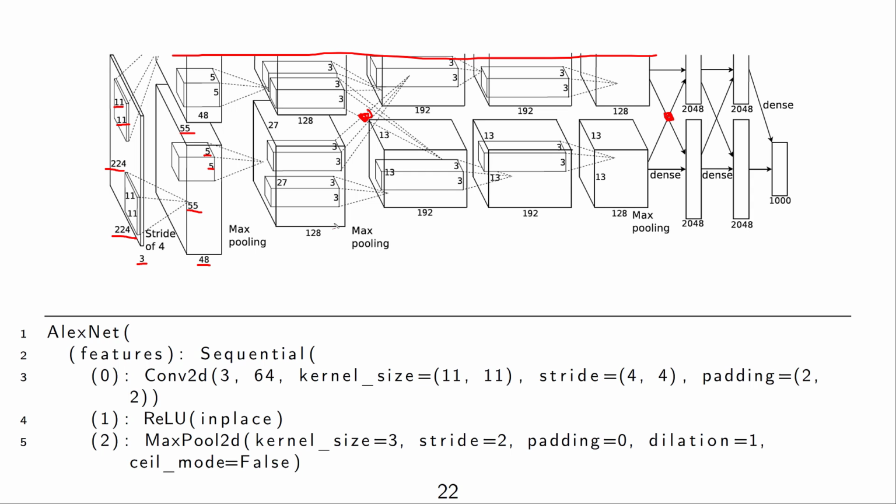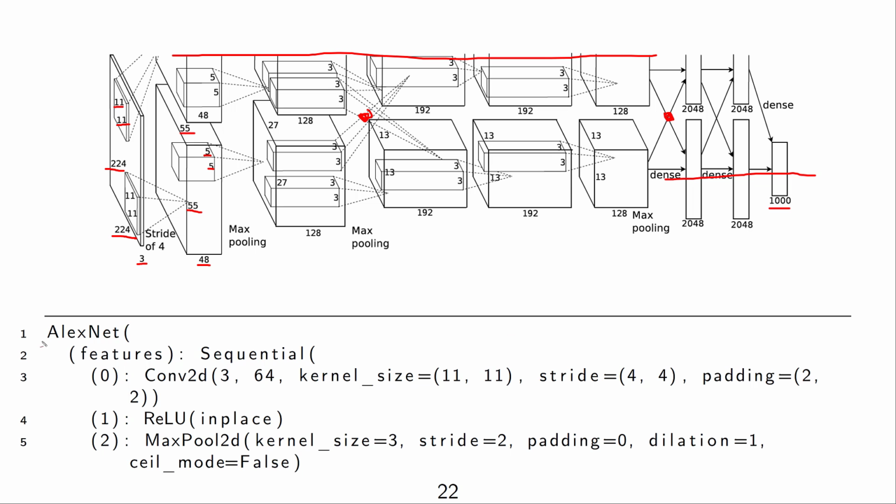At the end, and here we see the link to LeNet, we see again these fully connected layers that are used, and there will also be 3 fully connected layers, and then at the end we get 1000 classes. So these are 1000 class probabilities for ImageNet.